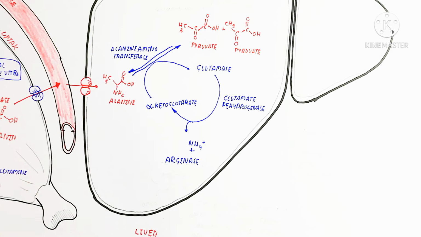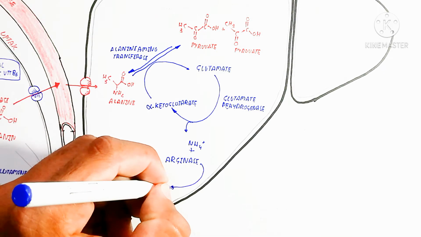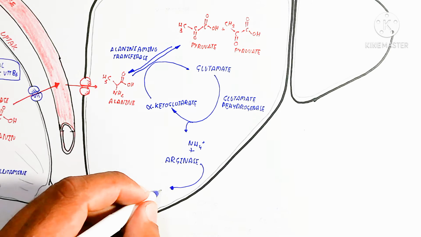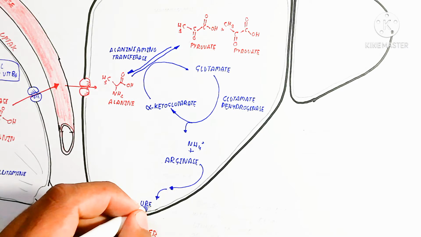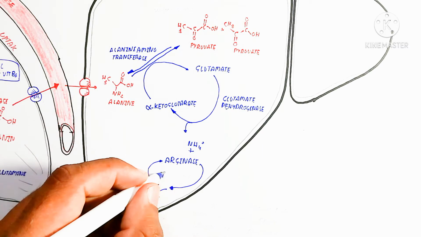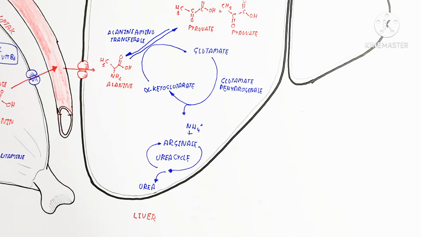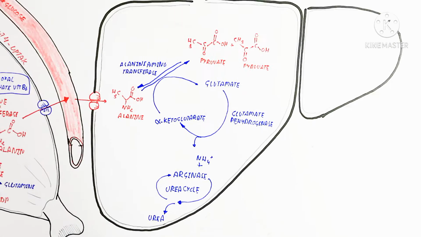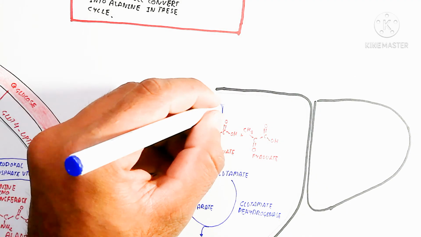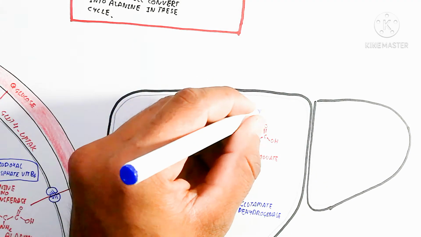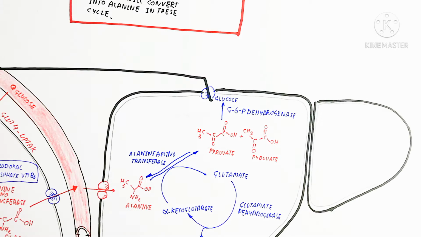The arginase enzyme picks up the ammonium ion and converts it into urea, a two-nitrogen-containing molecule. Urea is less toxic but still toxic, so a large amount of urea is excreted through the urinary system.